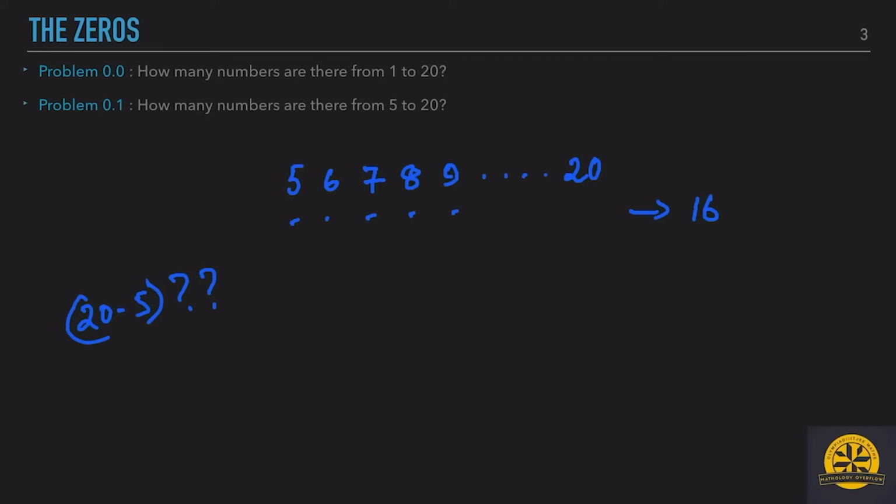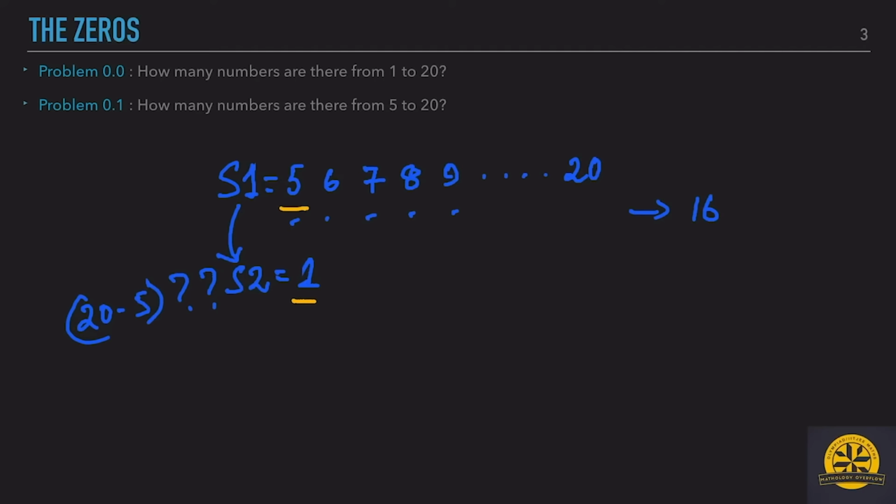Let us call this sequence S1. We would like to convert or translate this sequence into another sequence S2, which starts with 1. What operation can we do? We need to convert this 5 into 1. Yes, you are right.